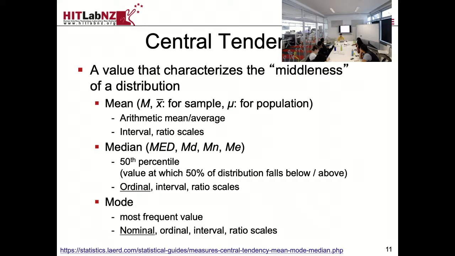As you know, the mean is just an arithmetic average. So sum every data point and divide by the number of data. That is the mean. And what is a median? That is just located in the middle, which is the 50th percentile of the data set. So we can find the median from the ordinal, interval, or ratio scale.